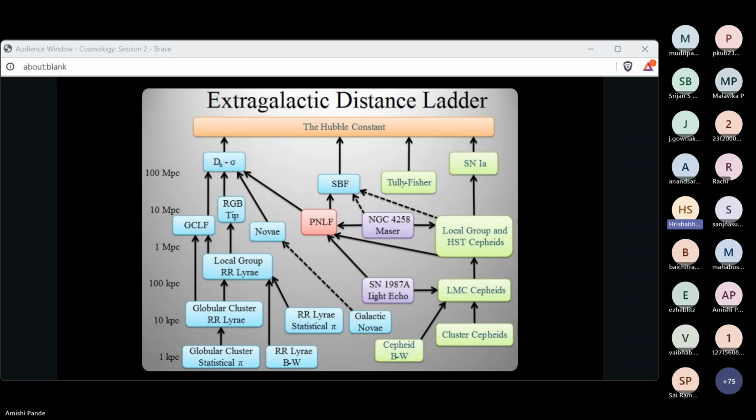But then we also need to find out where this value comes from. You can search Wikipedia for the value, but since we are studying here, we need to find out how someone calculated that particular value. In order to see that, we use this extragalactic distance ladder. What does this tell you? How do we calculate the value of the Hubble constant?